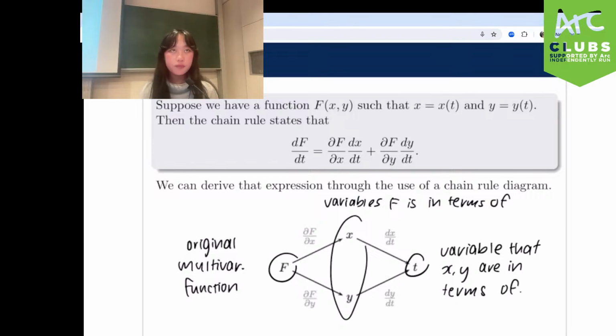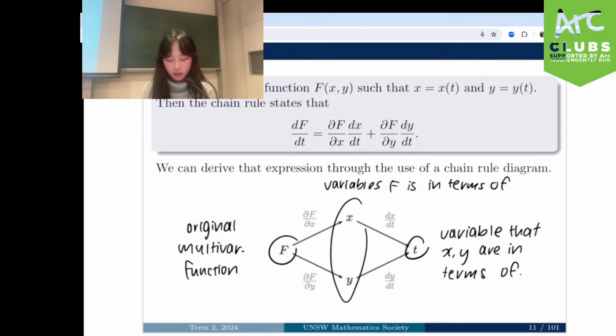Okay? So what this means is we take the product of these and we take the product of these and we add them. So we are essentially looking for all the different pathways, graphically represented, that we can get from f to t, and we're adding them. So these two things that are in the pink pathway, we multiply them. Those two things in the orange pathway, we also multiply them. And between the orange and pink pathway, we add them.